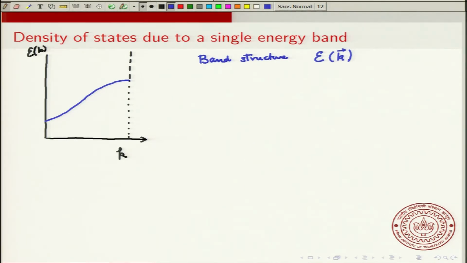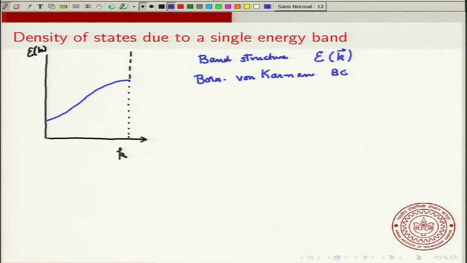So, now you ask a question, what do you mean by the density of states? To do this we go back to the Born von Karman boundary conditions.